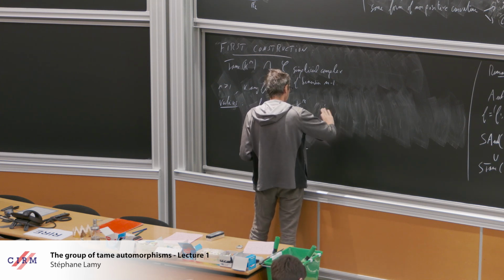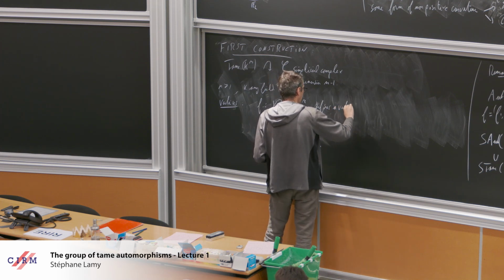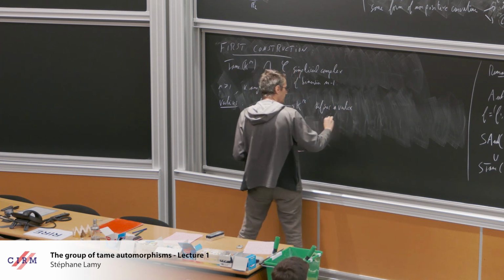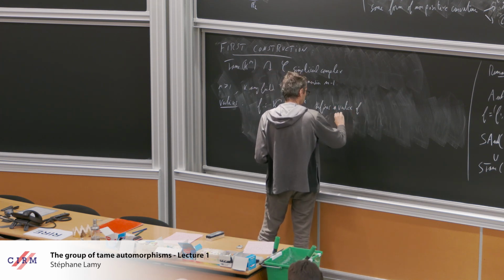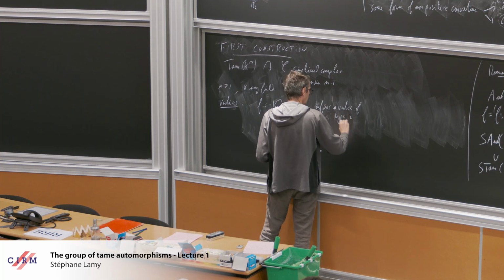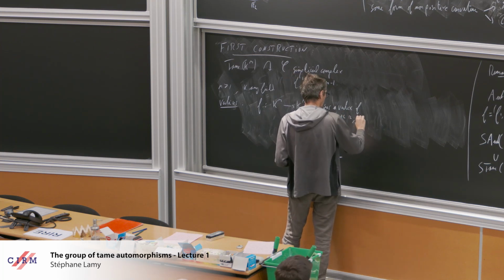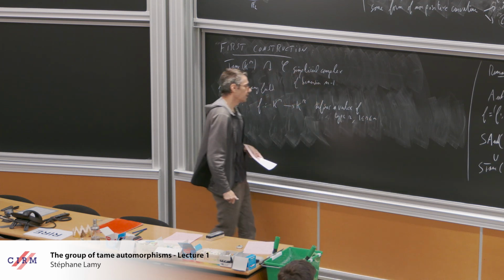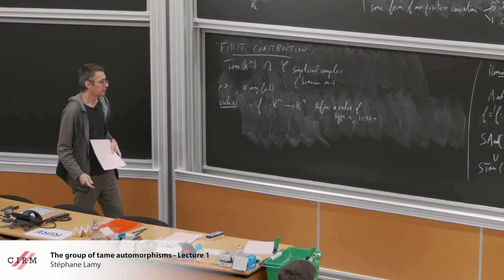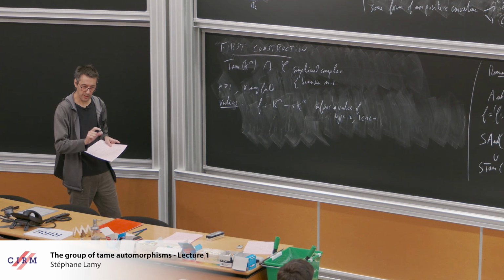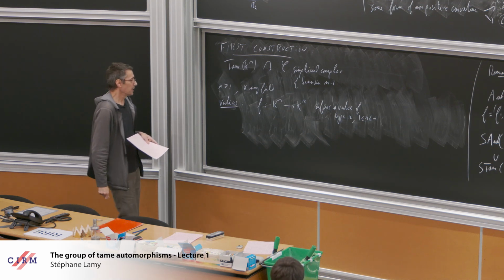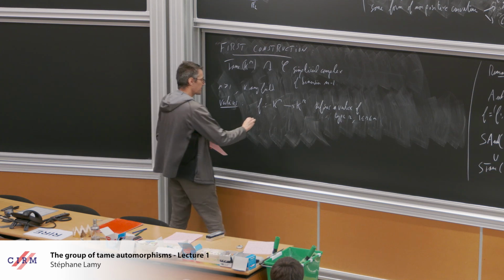So r is between 1 and n. For instance, for n equal 2, you have vertices of type 1 and 2. For n equal 3, you have vertices of type 1, 2, and 3. So what do I ask for this map?